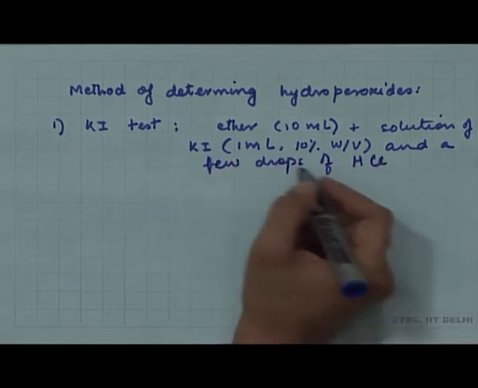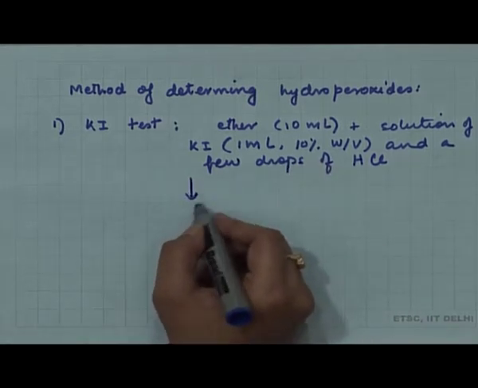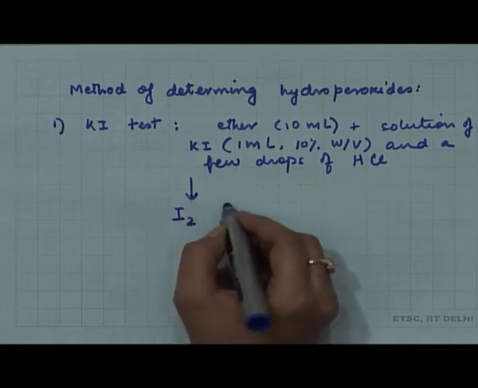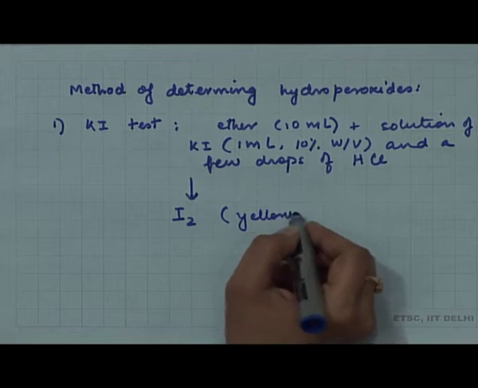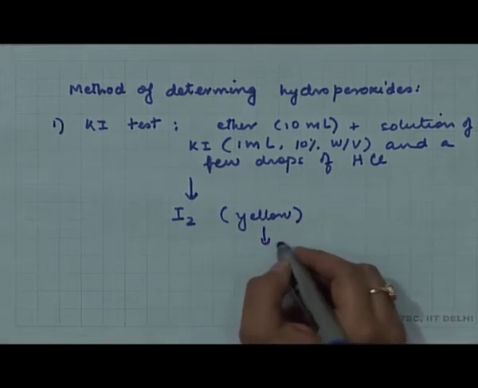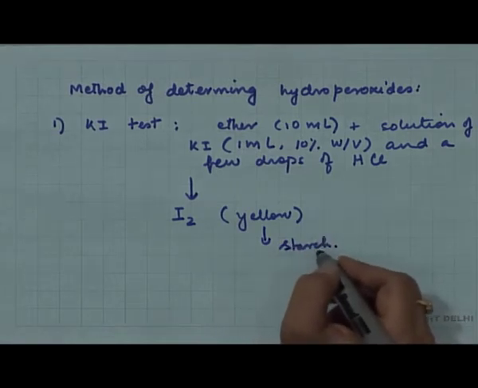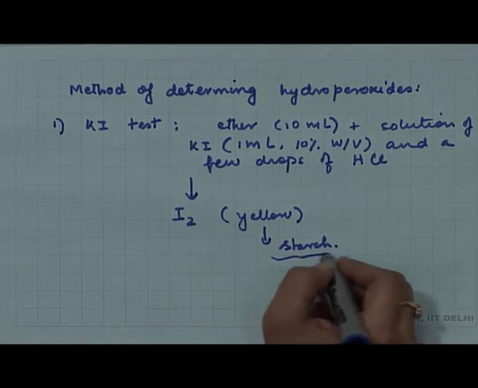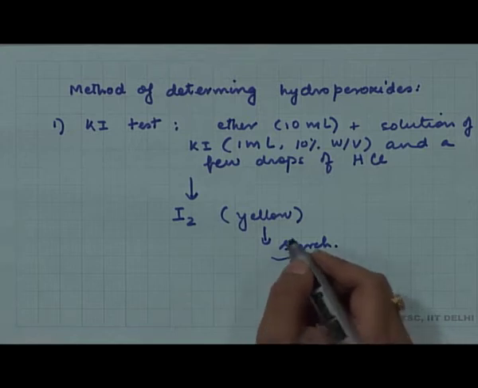When you shake it, you will find that the iodide gets oxidized to iodine. So, you get iodine from iodide, and this changes the color of the solution to yellow. You can further confirm this if you add a few drops of starch, and you will get a black violet color. So, this tells that the ether solution is containing some amounts of hydroperoxide.